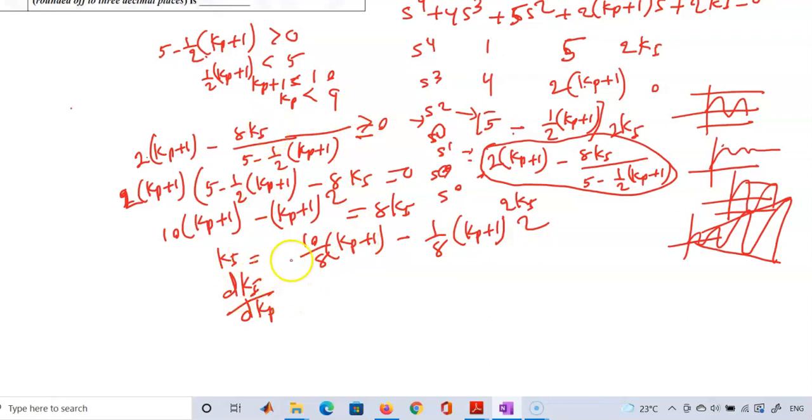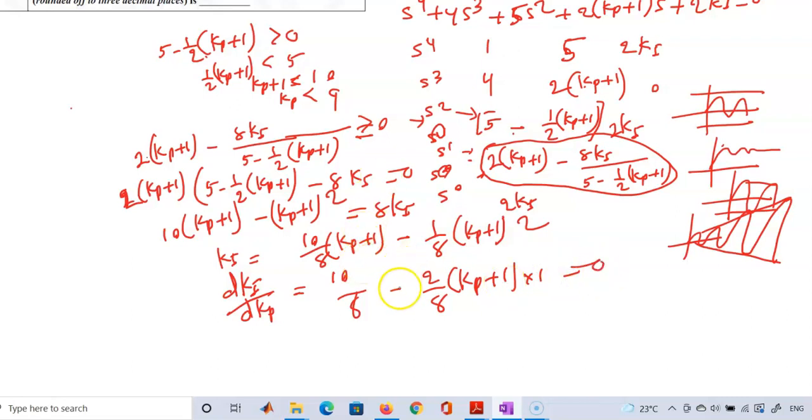So as ki is a function of kp, we will find a value of kp that will give the maximum value for ki. So dki upon dkp is 10 by 8. When you differentiate here, you will have minus 2 by 8 kp plus 1 into 1 equal to 0.